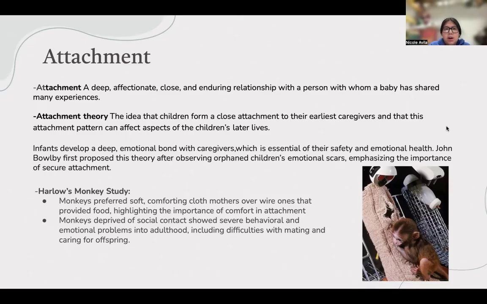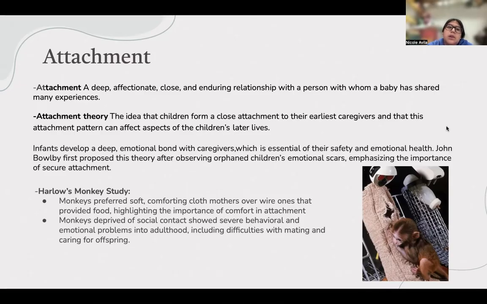Okay, so Harry Harlow's monkey study was an experiment conducted on monkeys, where he was able to explore love and attachment.